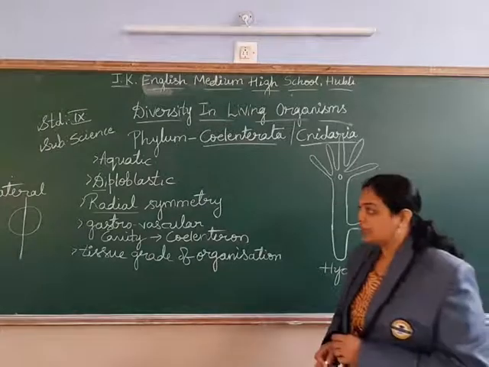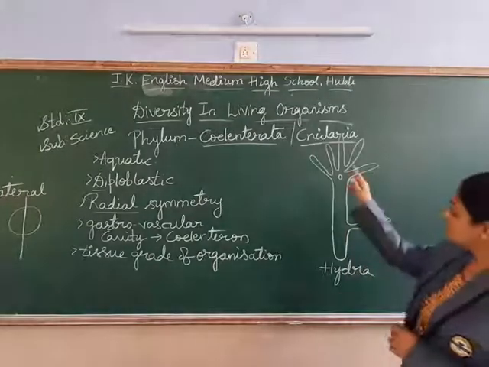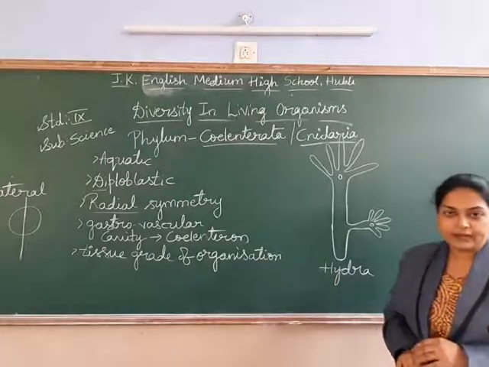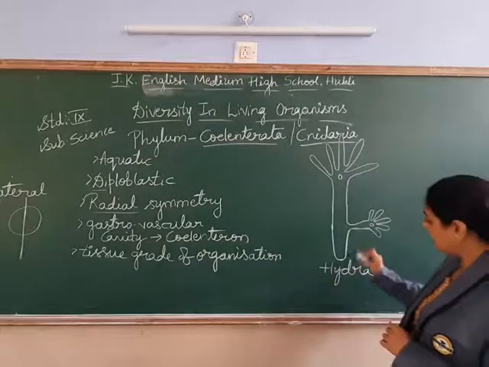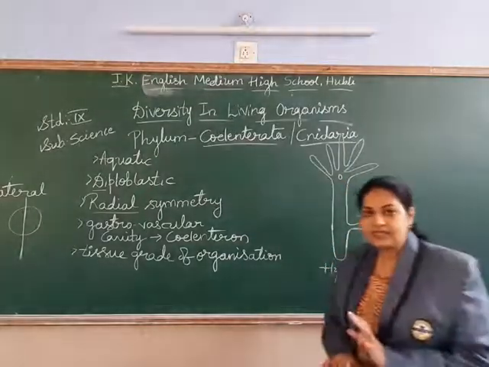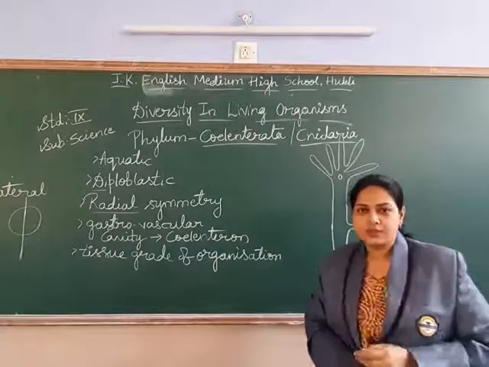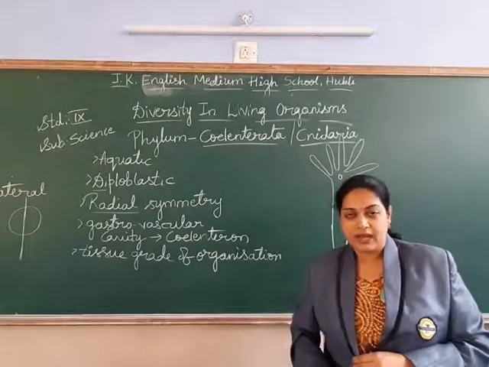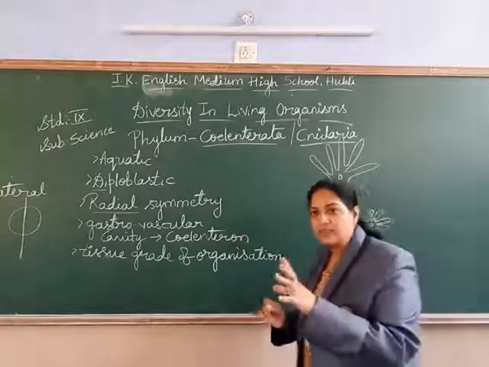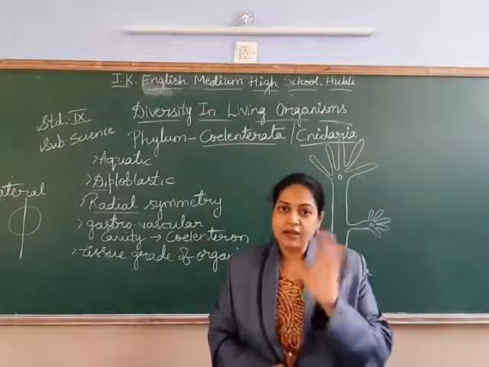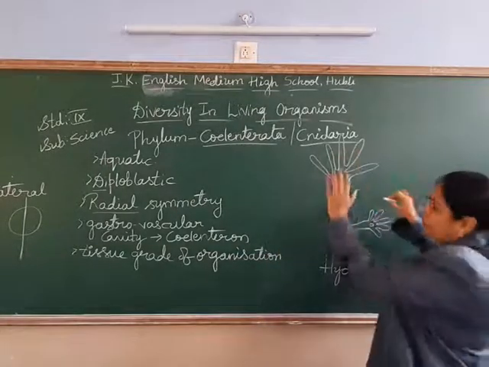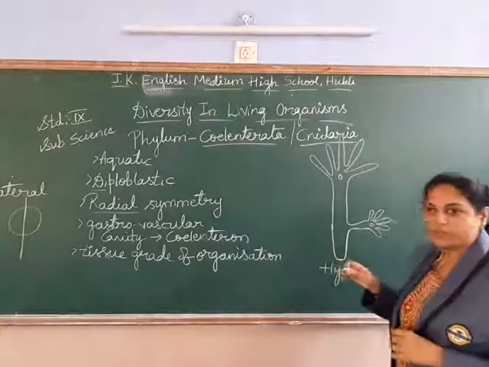And one more speciality we find in this phylum. See, this is the example. The name of the organism is Hydra. Many members of Coelenterata may be sessile. Sessile means attached to some substratum, as you saw in Porifera. And a few are motile. Motile means they can move. Do they have legs, hands like that? No. See here, the finger-like structures you can see, students?